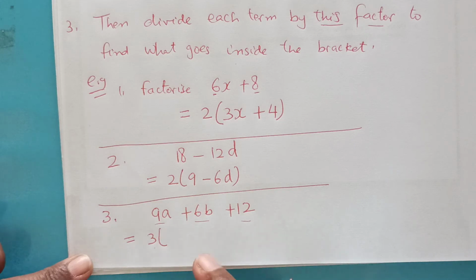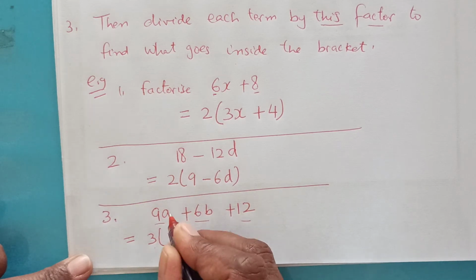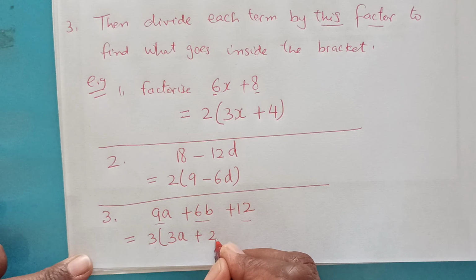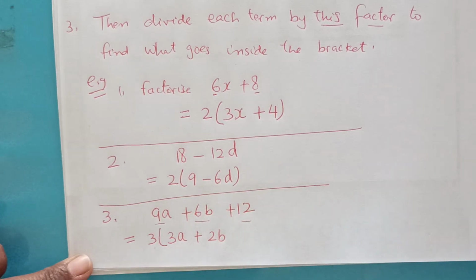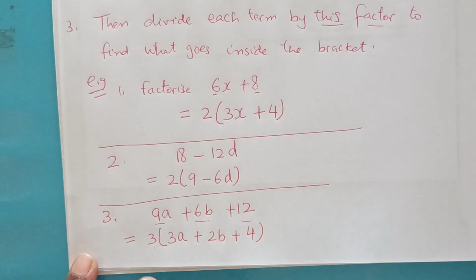Then in the bracket, with this 3 we divide all of them. 9 divided by 3 is 3, a goes with it. Plus 6 divided by 3 is 2, b will come here. Plus 12 divided by 3 is 4. So this is the factorization of this expression with 3 terms.